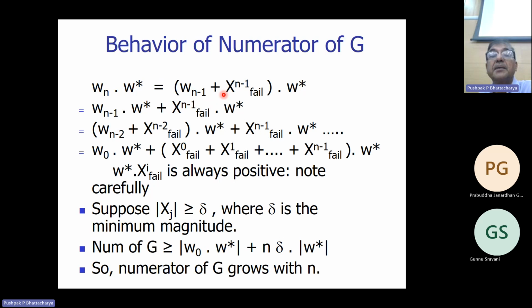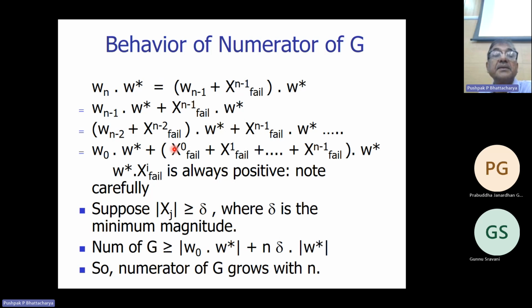So wn minus 1 plus x to the power n minus 1 fail, the failed vector at the n minus 1th iteration of the algorithm, multiplied by w star. Note that this w star dot x fail has to be greater than 0 because w star separates the positive class from the negative class.